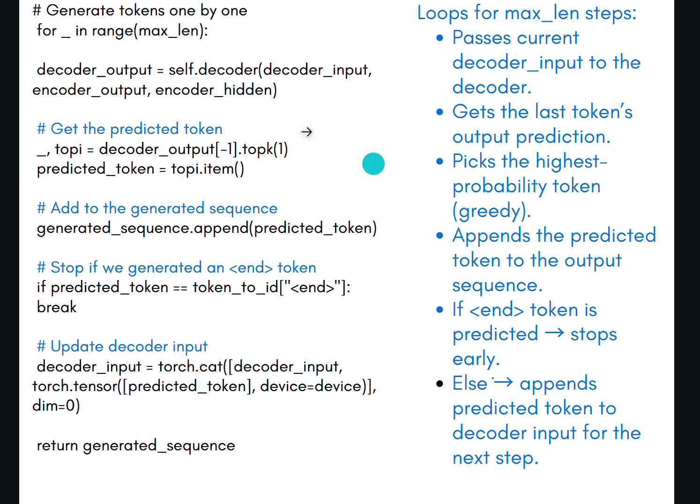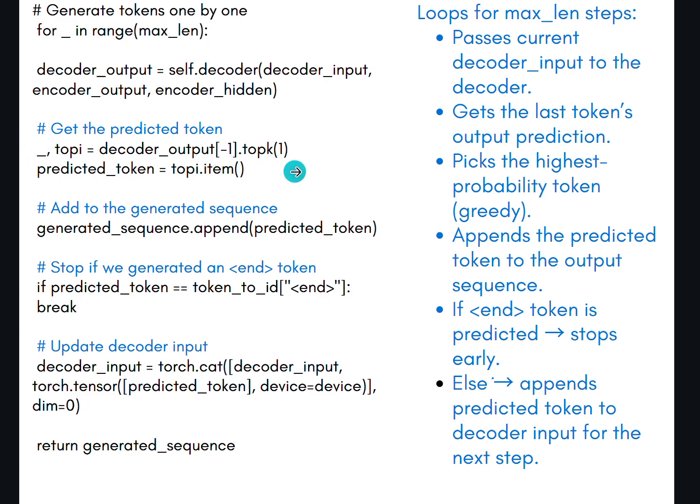Okay, so for i in range, a for loop, because it has two criteria: either it reaches the end token or it reaches the max length. That's the reason we are looping through the max length, right? It passes the current encoder input and decoder input to the decoder, gets the last token's output prediction, and picks the highest value.